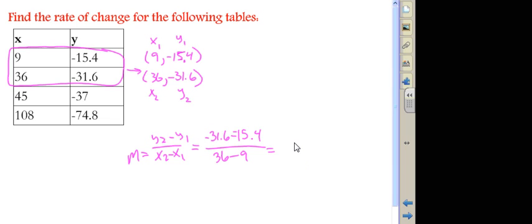And you end up getting negative 16.2 over 27. Now that number is not okay. We don't like decimals inside fractions. So we type negative 16.2 divided by 27 into our calculator and convert it to a fraction, because fractions are better than decimals when it comes to slope, and that's what we get, a nice pretty slope. So my rise is down 3 and over 5.